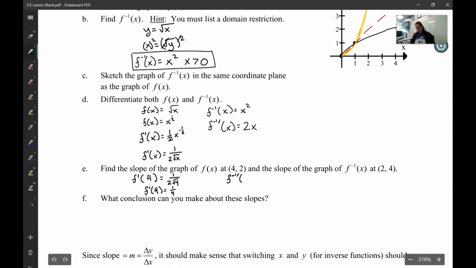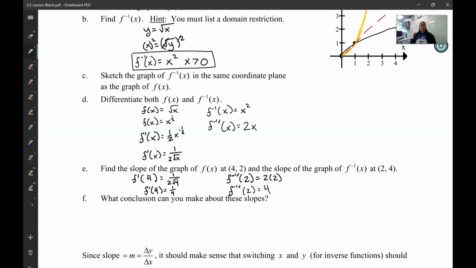Notice I flipped the points. So that's going to be 2 times 2. So f inverse prime of 2 equals 4.